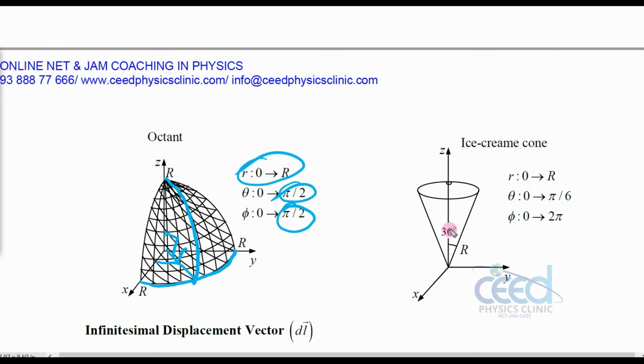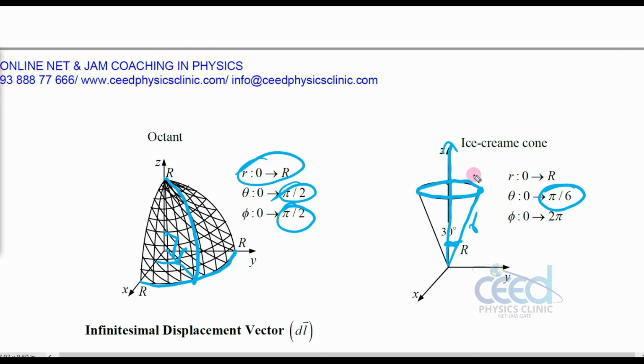And here, suppose this angle is 30 degrees, given in the question. Theta is the angle between the z axis and the point vector, so 30 degrees means pi by 6. And phi, since it is a cone, it has to rotate, so it can take 0 to 2 pi.